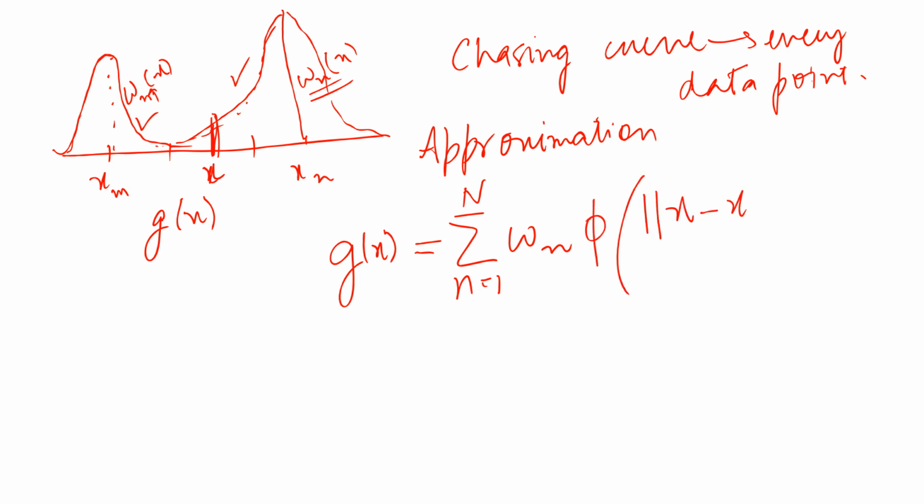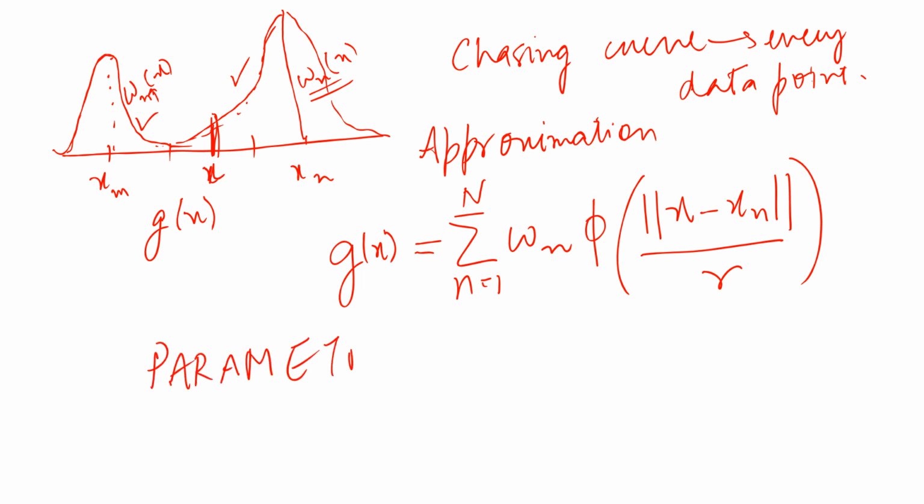And so X minus Xn stays as it is. And here we are. So now this is my parametric RBF. Okay, so you can tell where the term parametric comes in. We have these parameters that need to be estimated or somehow evaluated.